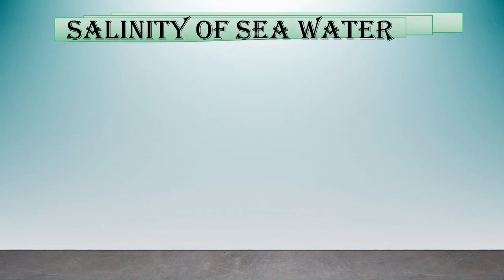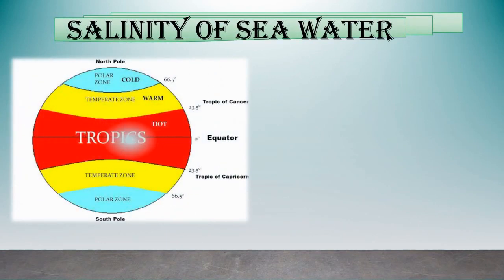Now, let's take information about the factors affecting the salinity of seawater, such as the difference in temperature with latitude from the equator to the poles. It means above the equator towards the North Pole and below the equator towards the South Pole.